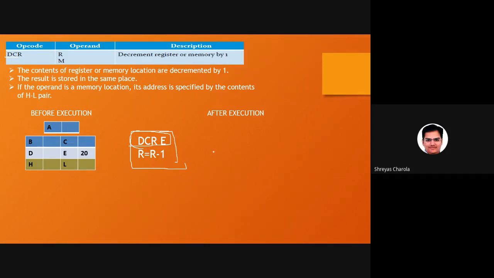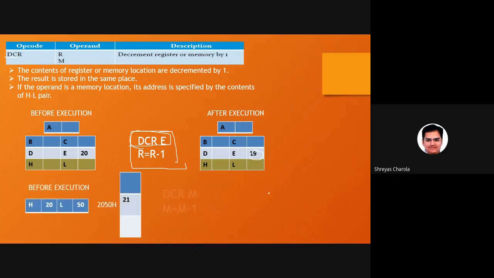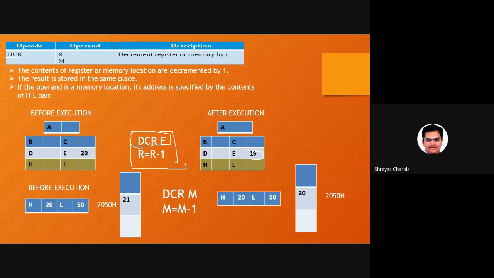Very good, so the register is 19. If I write DCR M, then 20. Very good, that is the address.